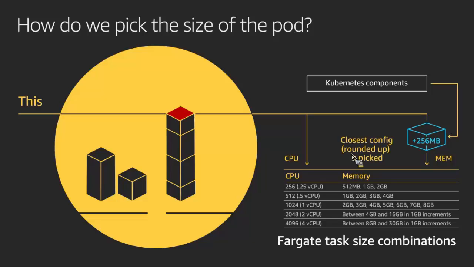And then we pick the closest config rounded up, which for memory would be 2 gigabytes in our case. And we do the same for CPU in order to pick a size for the CPU as well.